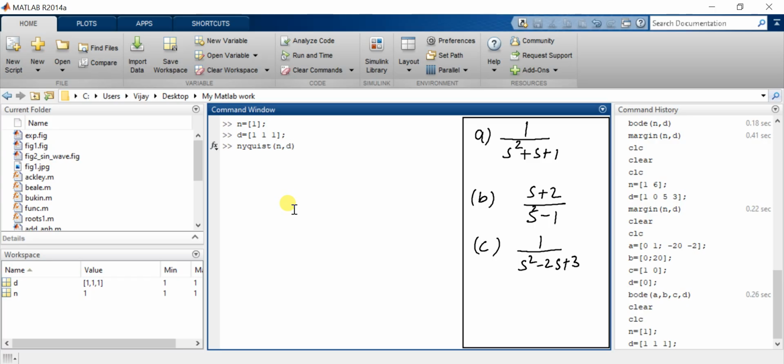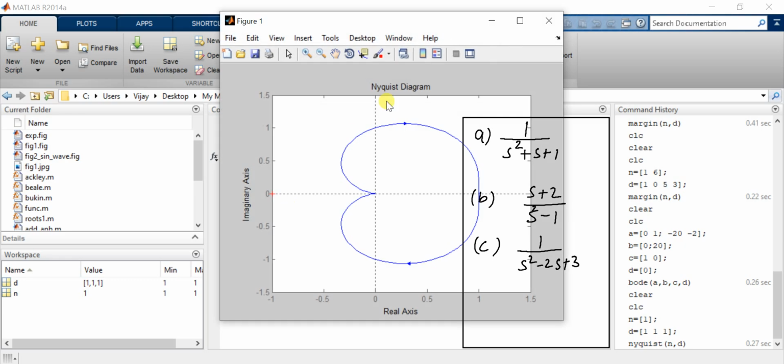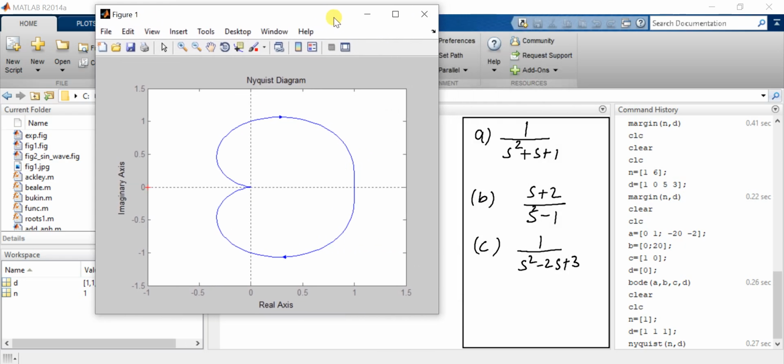And this will give you the Nyquist plot of this particular system. As you can see, this is the Nyquist plot or Nyquist diagram for the system. You can find out the real and imaginary value for a particular frequency when you click on the particular point of the plot.